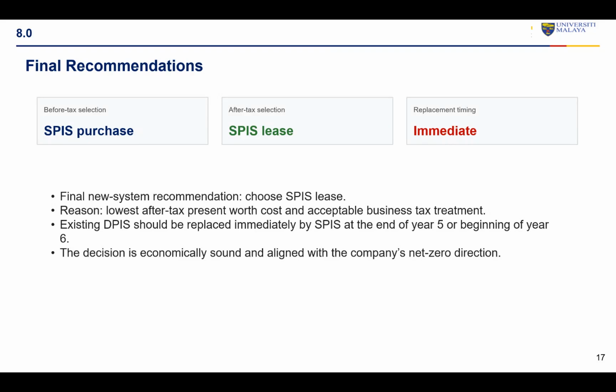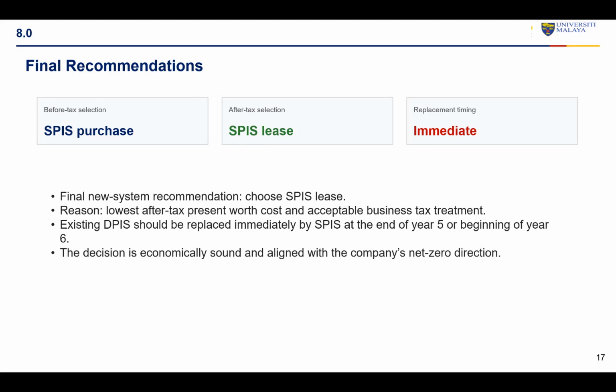The final recommendations are as follows. Before tax, SPIS purchase is preferred. After tax, SPIS lease is preferred, and because this is a business investment, the after-tax result is more decision relevant.